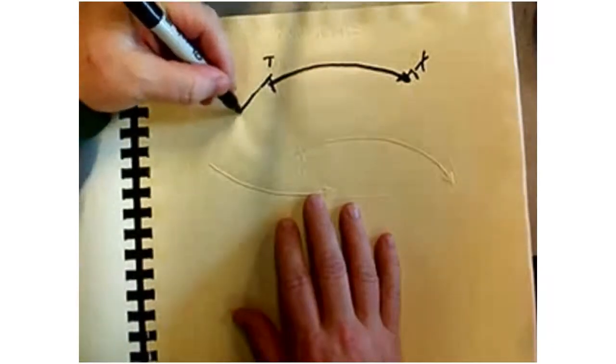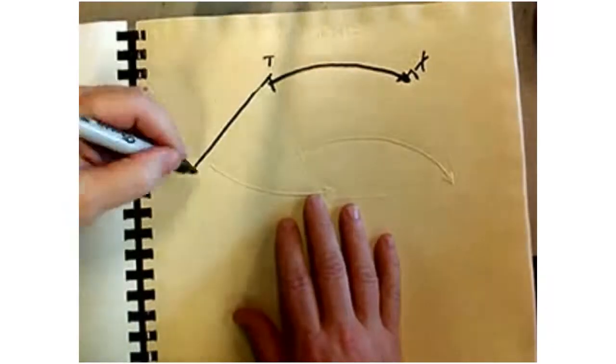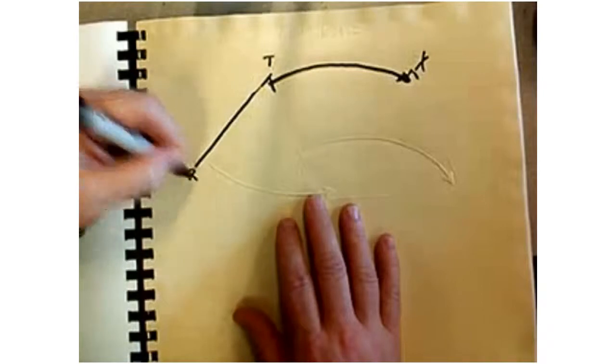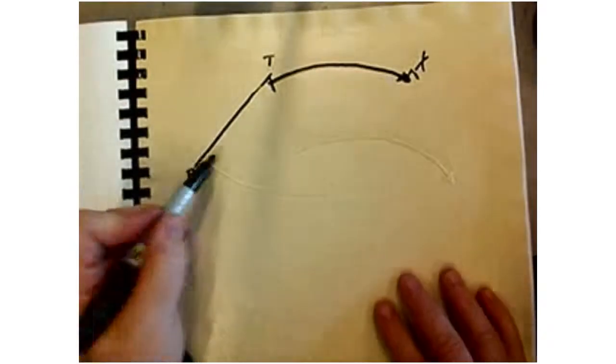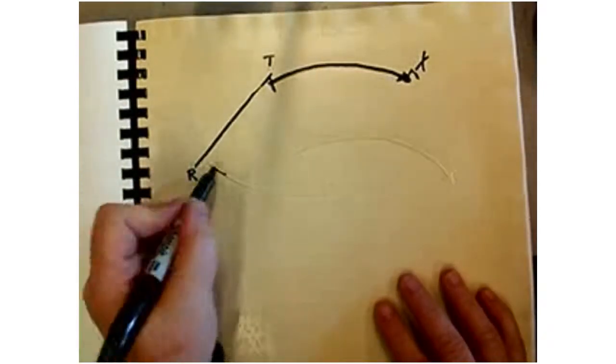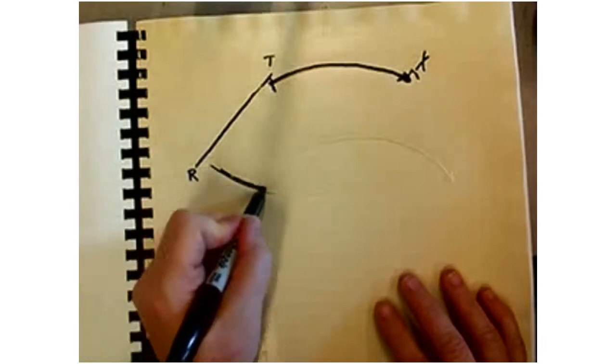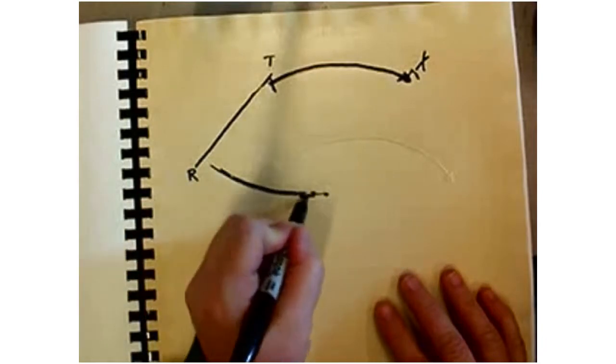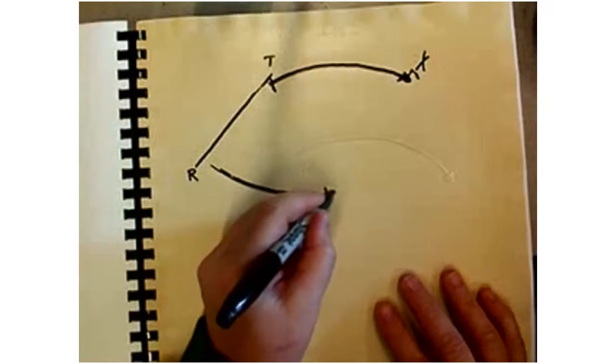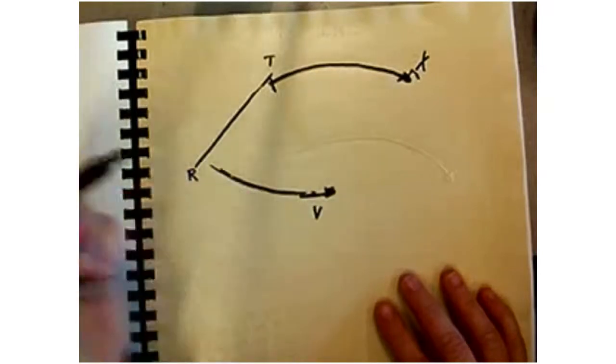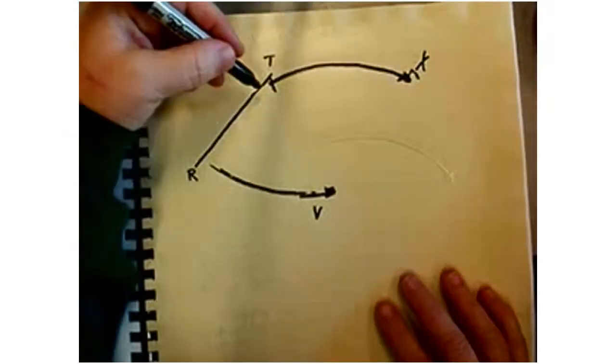And then if you go back to the little triangle to the bottom left, we have vertex R, and there's an arcing arrowhead going from vertex R to its corresponding vertex V on the large triangle.